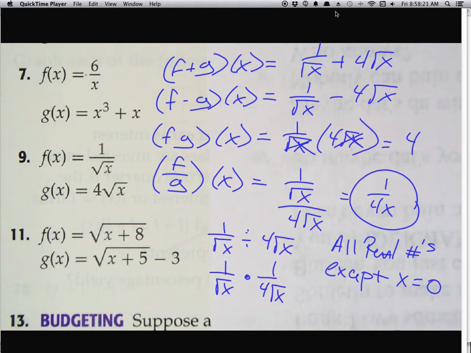So move down to, the one I want to look at is 19. 19 will work.